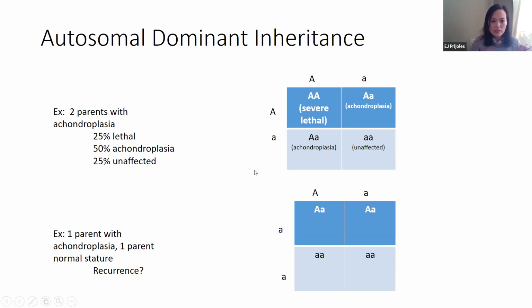And then a 50% chance of having achondroplasia and a 25% chance that they are not affected.